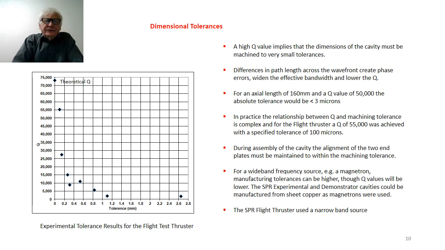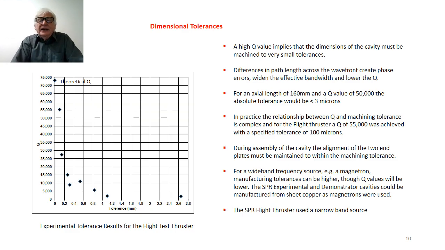So the final factor that we should take into account when designing and manufacturing an EmDrive cavity for a thruster is the dimensional tolerances of the manufacturer of the cavity itself. And if you're going to get a very high Q value, it means that the dimensions of the cavity itself must be machined to very small tolerances.